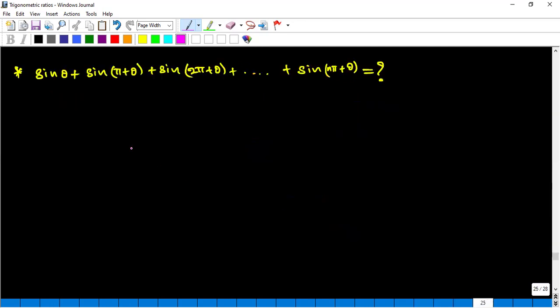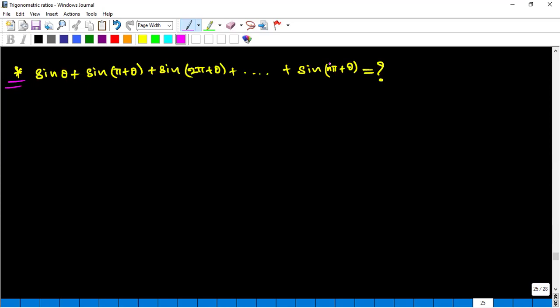Yeah. Now there is a series for us, sine theta plus sine pi plus theta plus sine 2 pi plus theta and so on. Sine n pi plus theta is what? Okay, don't think much. Just assume n value as 0, 1, 2, 3 and you will get some idea what you need to do.